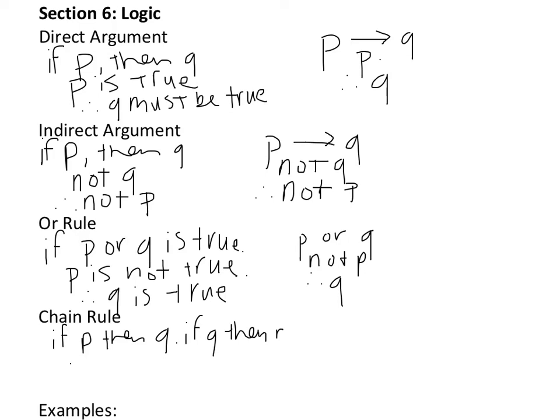But then, following the logic of the chain rule, we can say, well, if P, then R. Now, this one helps us see a little more visually. You could say if P, then Q, and then if Q, then R. So it's like you can cut out that middle step and say if P, then R.